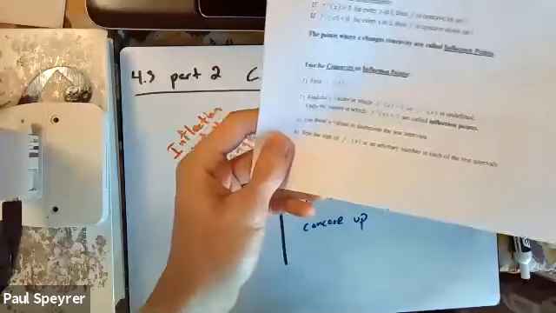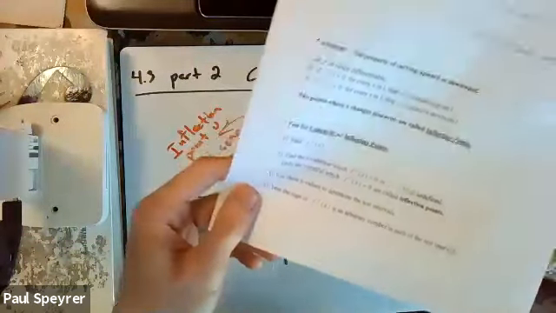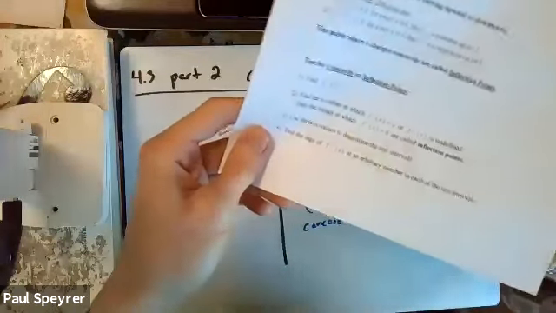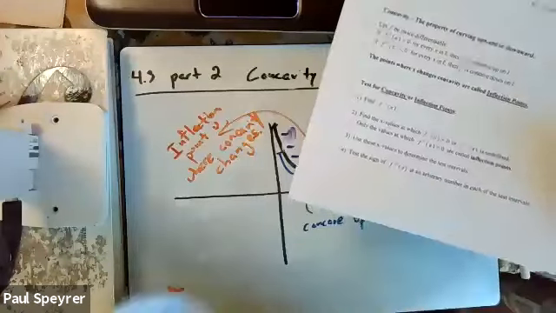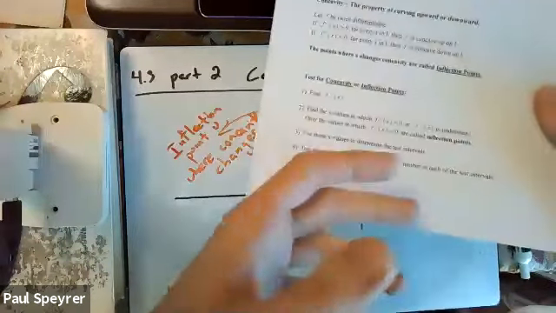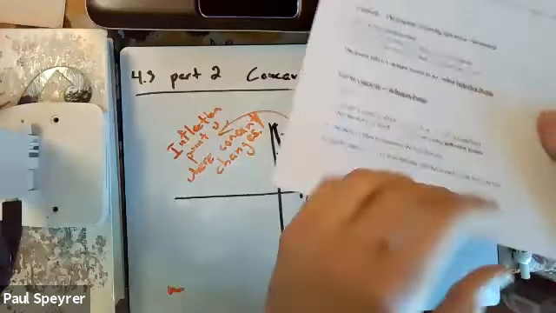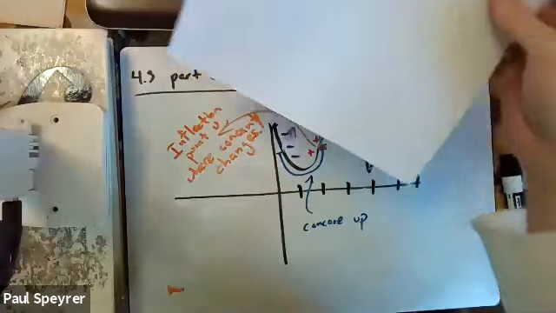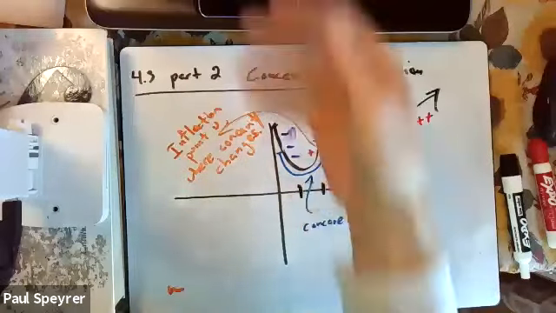So how do we figure this out? It's the same exact process that we did with figuring out intervals where it's increasing or decreasing. It's just that instead of doing the first derivative and choosing test points, you're using the second derivative and choosing test points. Okay, it's the same exact thing. Let's try out, we'll do 7 and 8.